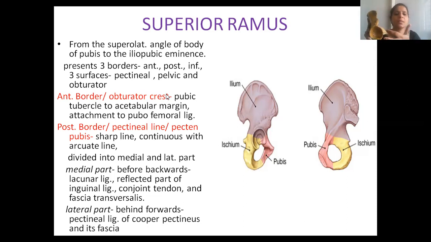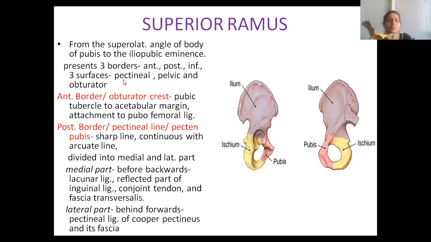Anterior is front, posterior is behind, and the inferior border is forming the anterior boundary of the obturator foramen, that actually forms the inferior border of the superior ramus. So like that we have anterior, posterior and inferior borders.